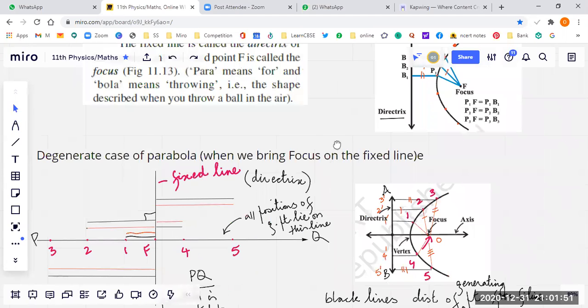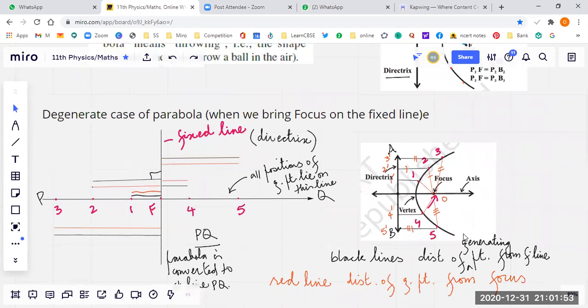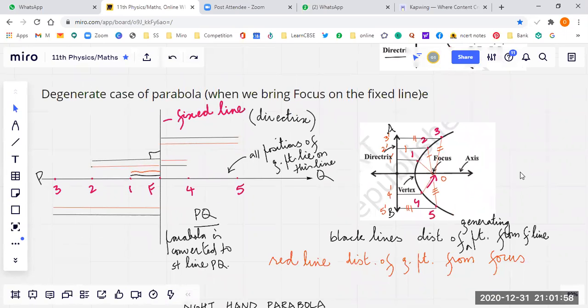Students, by this figure, we have again explained. All the thin black lines, 3, 3 dash, 2, 2 dash, 1, 1 dash, 4, 4 dash, and 5, 5 dash, are distances of the generating point from the fixed line AB. This fixed line is AB here. And the corresponding distances marked by red lines are distances of the generating point from the focus.